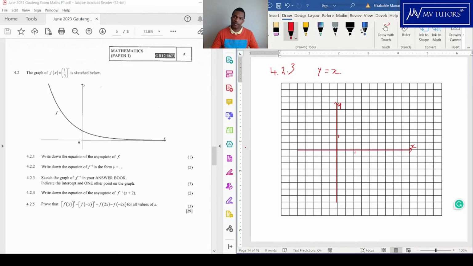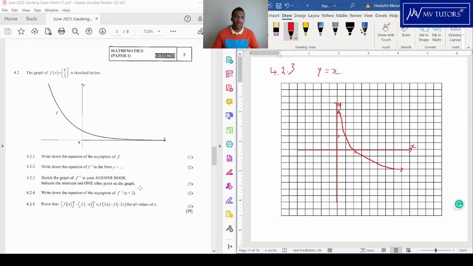So the graph is coming from here. It goes towards the y-axis but never touches it. Well, it's a bad sketch. Then they say one other point on the graph.